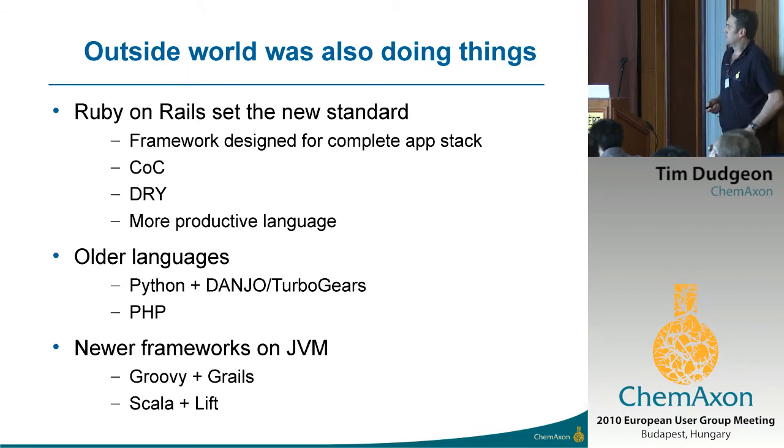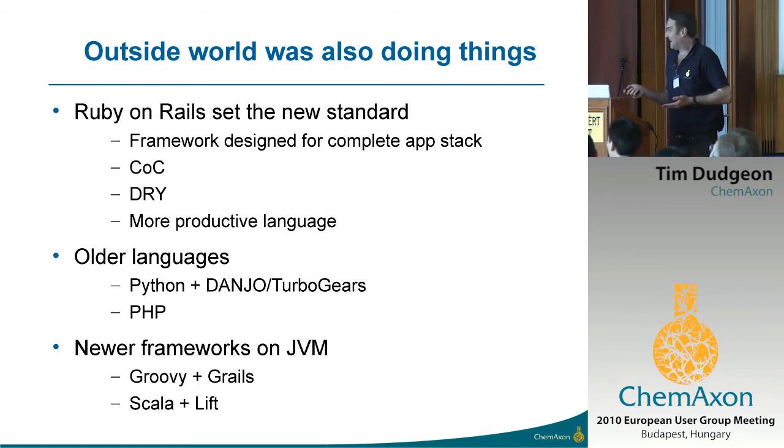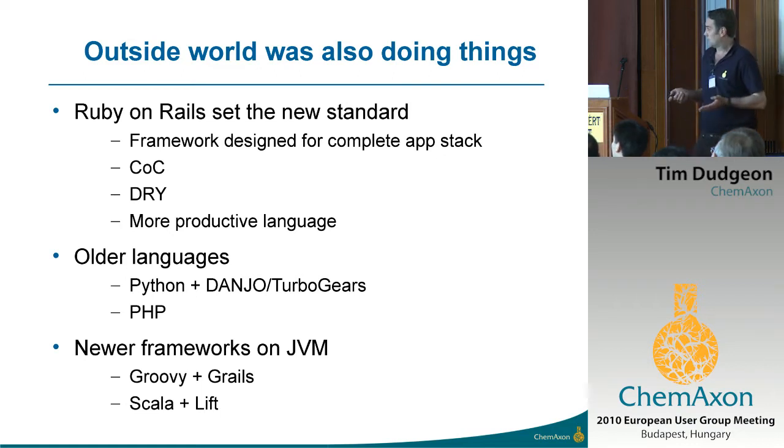Ruby on Rails was a complete application stack designed to handle all layers of the application. It built very extensively on convention over configuration, get it the right way around, and don't repeat yourself. And it took real benefit from the Ruby language, which is a much more productive language than things like Java.